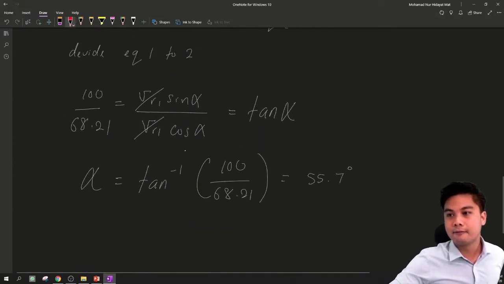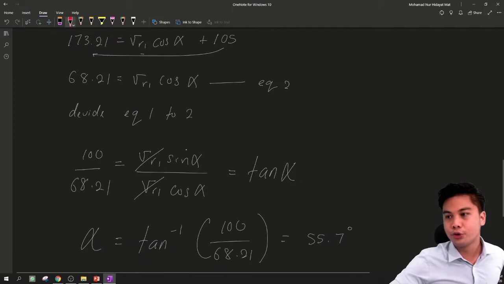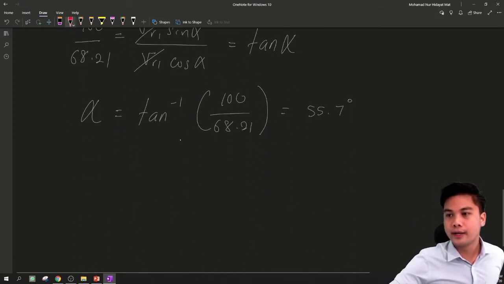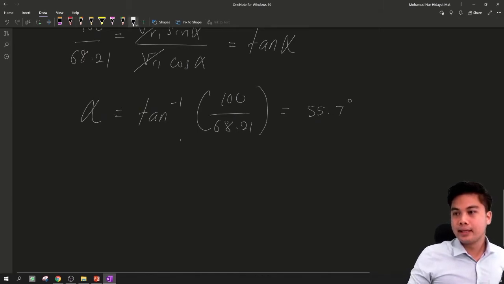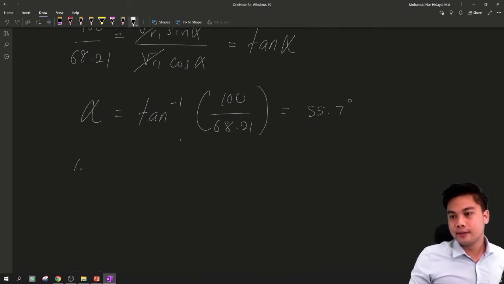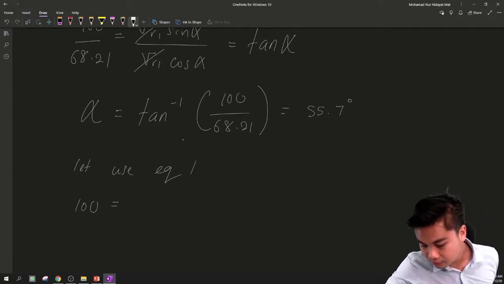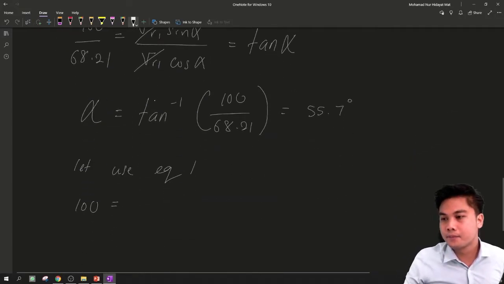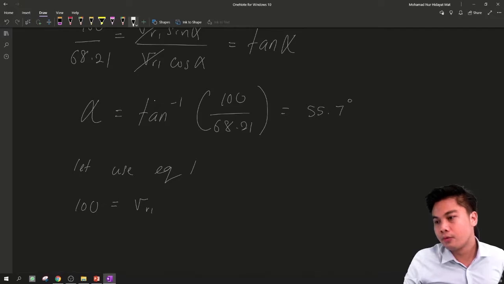Once you get alpha, it is easier to get VR1. Let's use equation 1: 100 equals VR1 sine alpha 1.